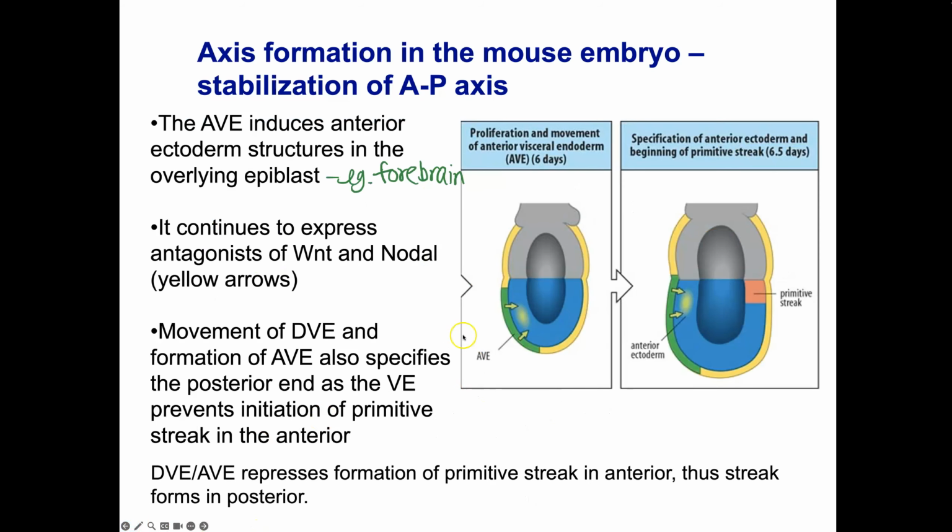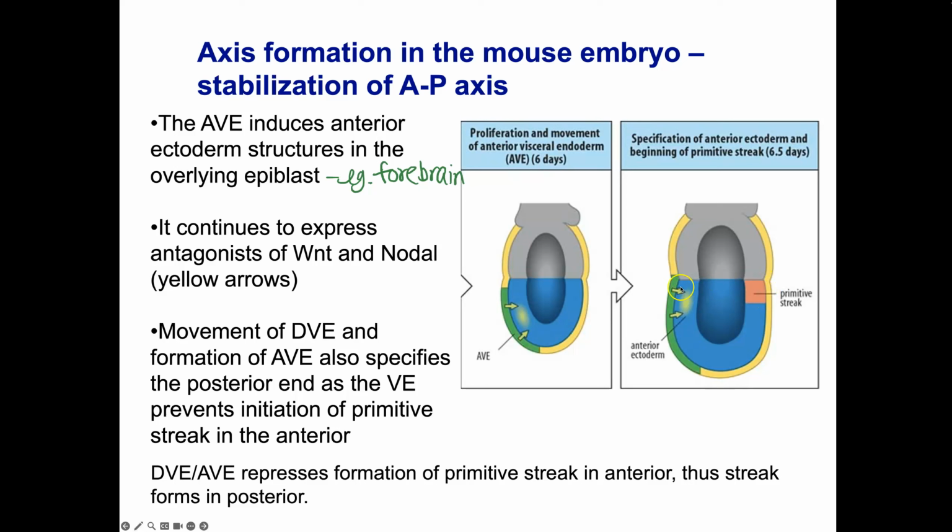And this is where we ended up, with the distal visceral endoderm and anterior visceral endoderm being responsible. There's migration towards the anterior, and this endoderm is actually the source of signals that inhibit Wnt and nodal signaling, specify the anterior ectoderm, which is going to form forebrain, for example, and then the initiation as well of migration of cells around to form the primitive streak.